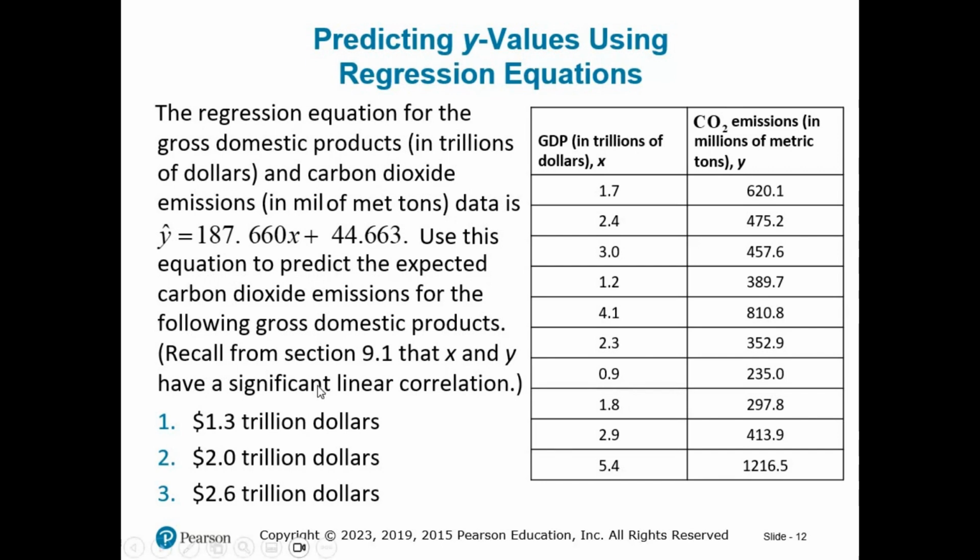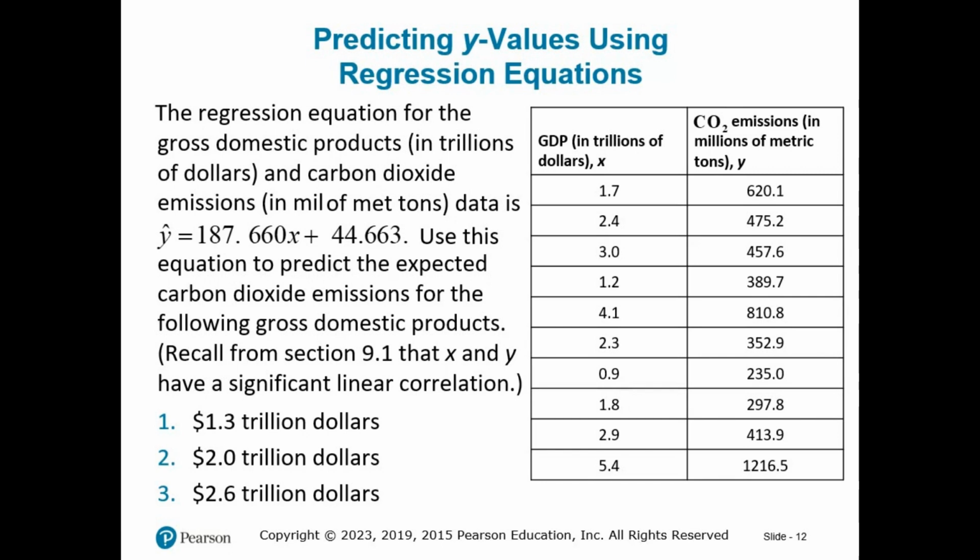For the observed data in the last example about GDP and CO2 emissions, x ranges from 0.9 trillion to 5.4 trillion. So it wouldn't make sense for me to try to predict the carbon dioxide emissions when x is 0.2 trillion or 14.5 trillion. These observations are very far out of range from what has been observed so far.